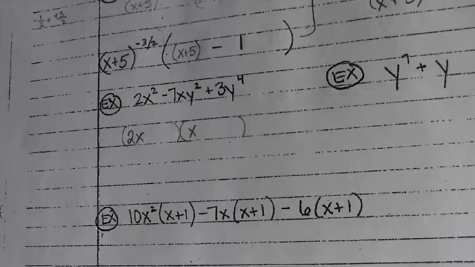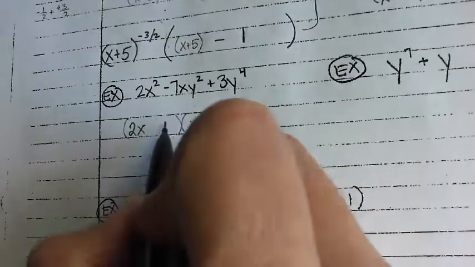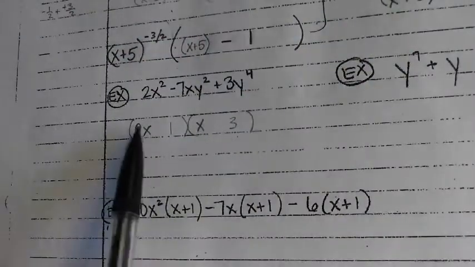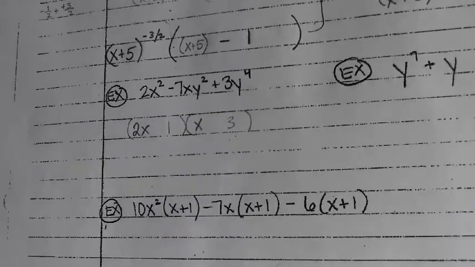Although with 3, it could be 1 and 3 or 3 and 1, which is going to make a difference because these two are different. So what's going to give us 7? 1 and 3 or 3 and 1? So this will give us 7, right? 6 on the outer, 1 on the inner. And technically, I guess y to the 4th could be y times y to the 3rd, or y squared times y squared.